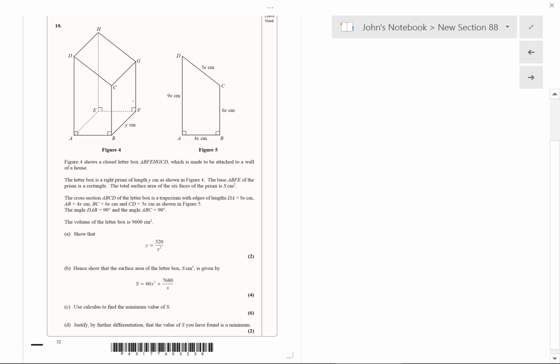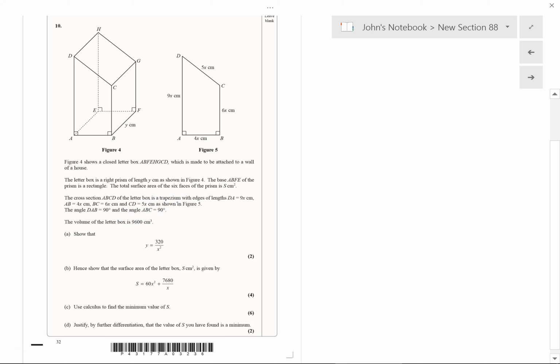The total surface area of the 6 faces, all that, and that, and the front bit as well, is equal to S, it says. And then it's telling us that the cross-section of the letterbox is a trapezium with all those lengths as shown. It's just given proportions. And it's telling us the volume of the box.